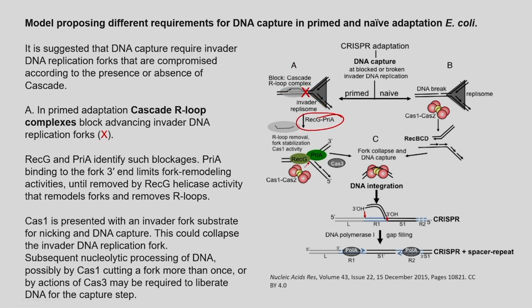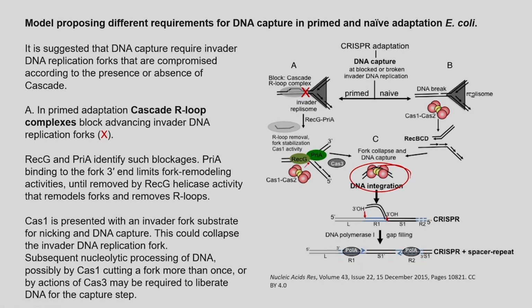And then here you have again the Cas1-Cas2 system, and you have RecBCD involved here, and both these pathways lead to the DNA integration over here, and then you have involvement of DNA polymerases and so on.